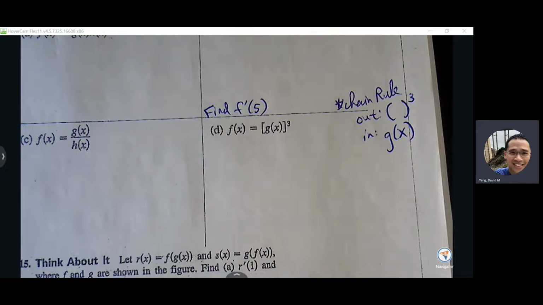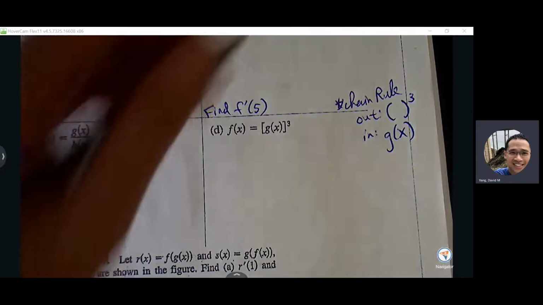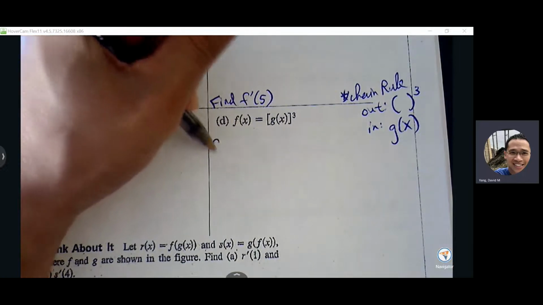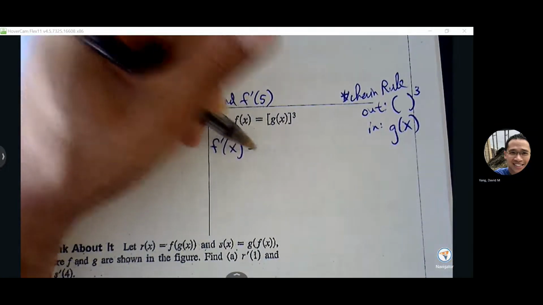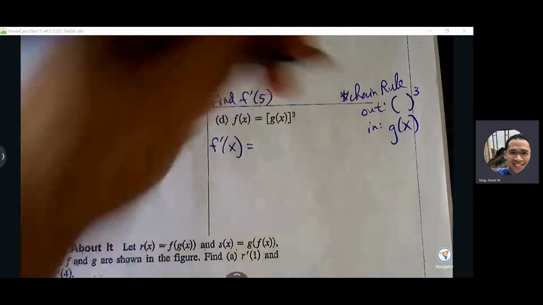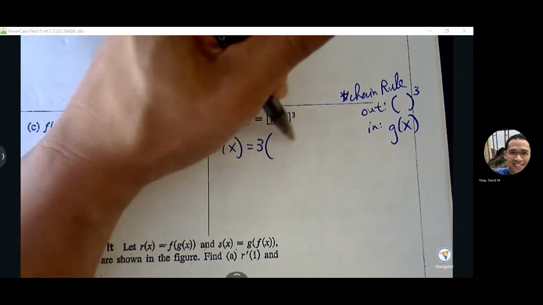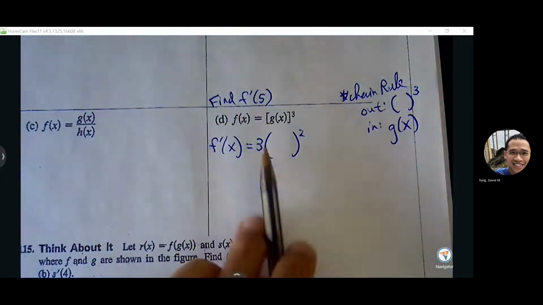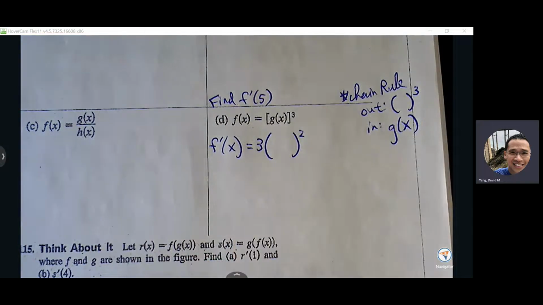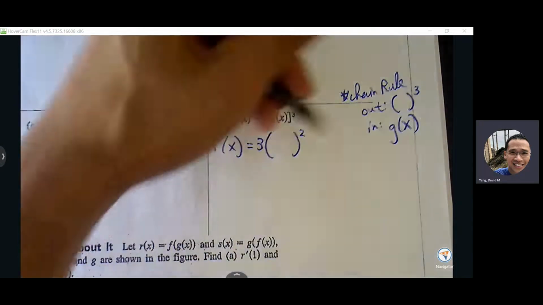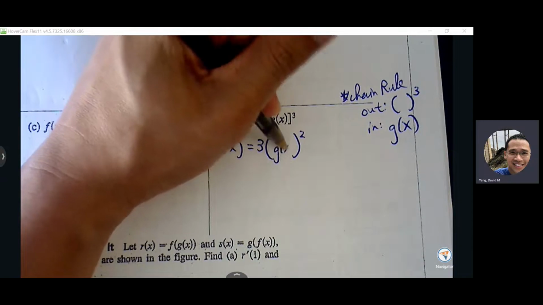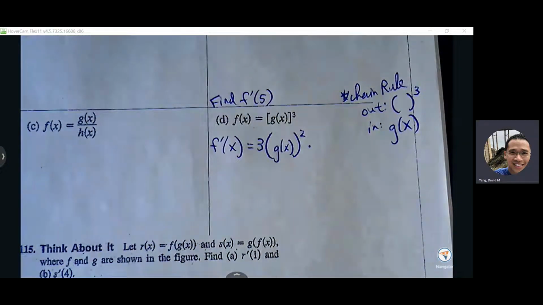Okay, so now let's step through derivative rule. Outside's derivative is 3 parentheses squared. What goes inside here? We're not ready for g prime. G of x times.